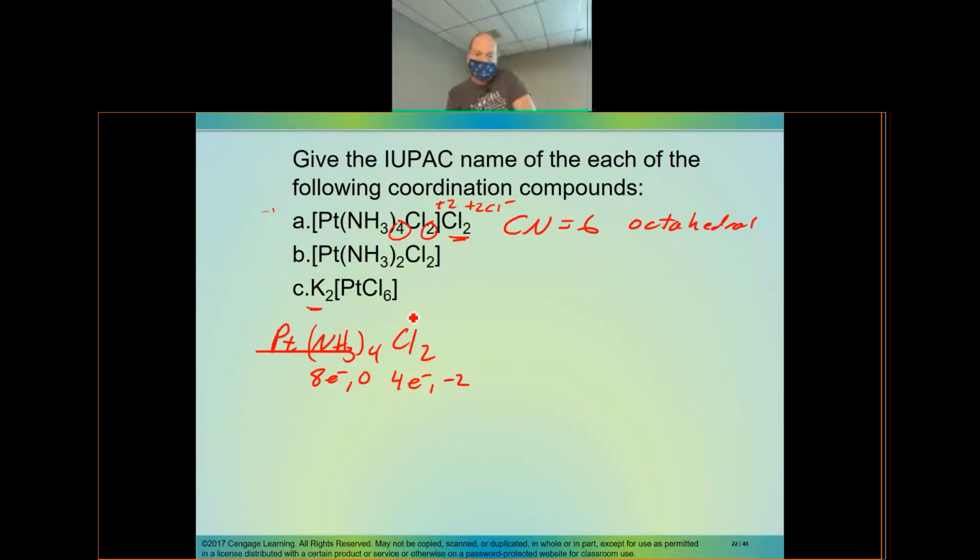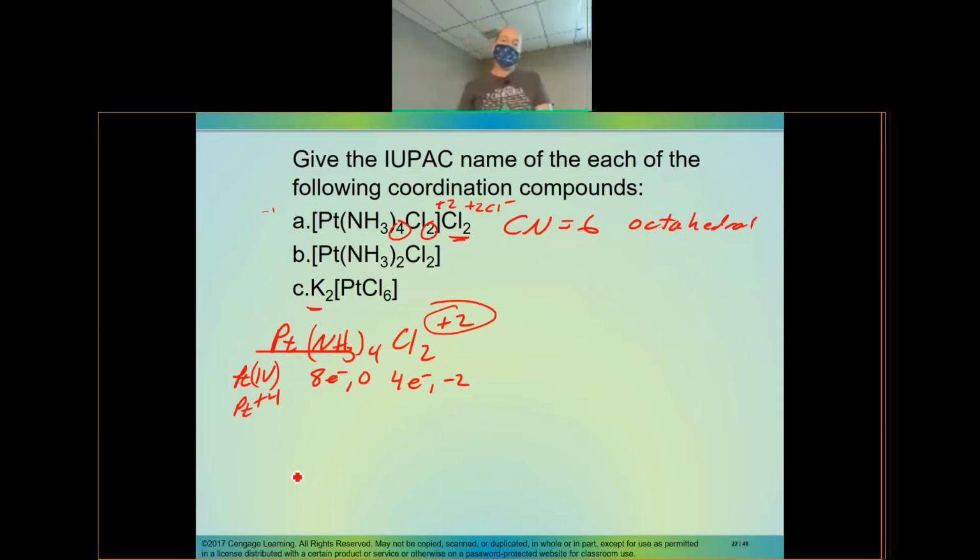So your platinum is plus 4, you have a 0, you have a minus 2, you have an overall of a plus 2 charge.